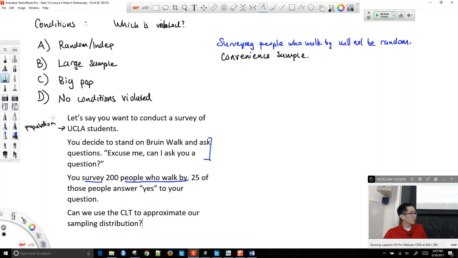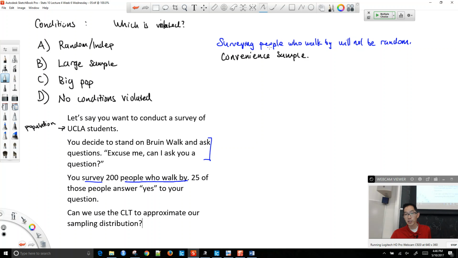You're going to get people who go outside and walk, and that's not necessarily everyone. Depending on what's going on, some people may be less inclined to be walking around on Bruin Walk. And then, how many people even will engage you on Bruin Walk, right?